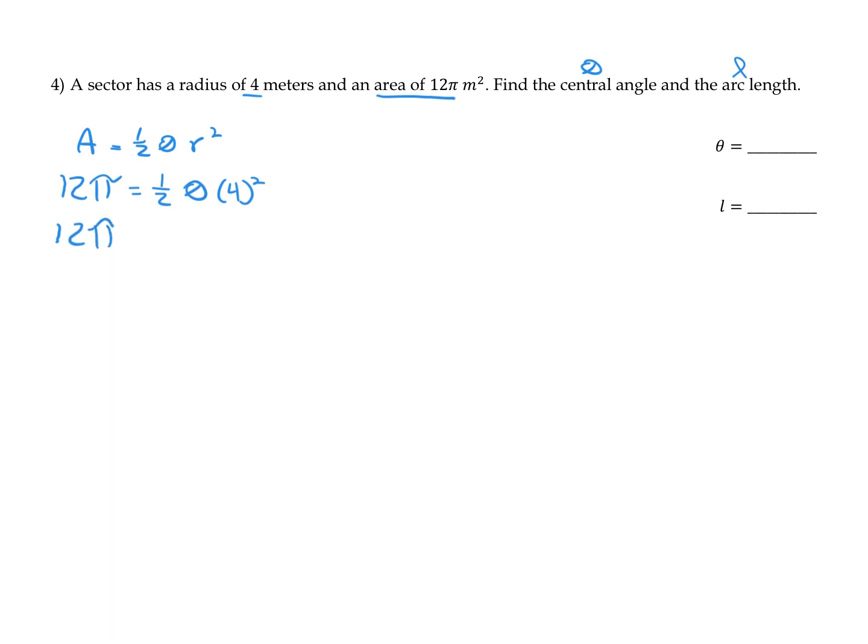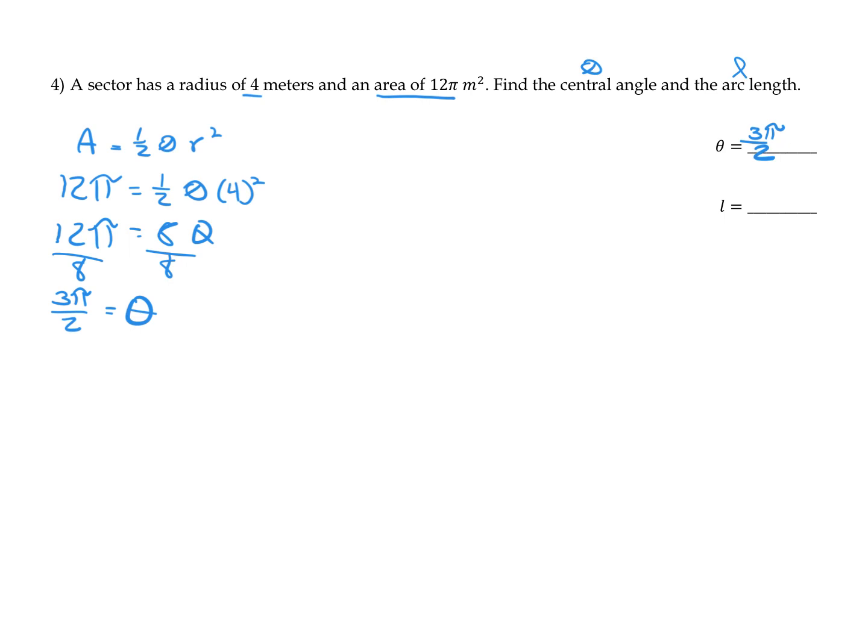So 12 pi equals, 1/2 of 16 is 8, 8 theta. Divide both sides by 8. So my theta is going to be 3 pi over 2.